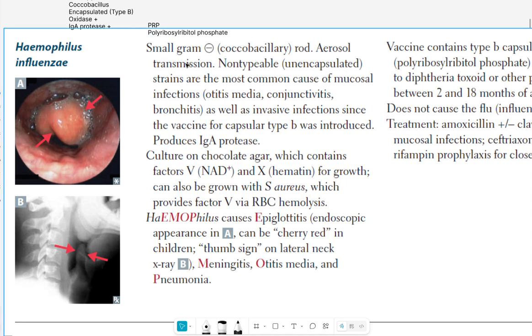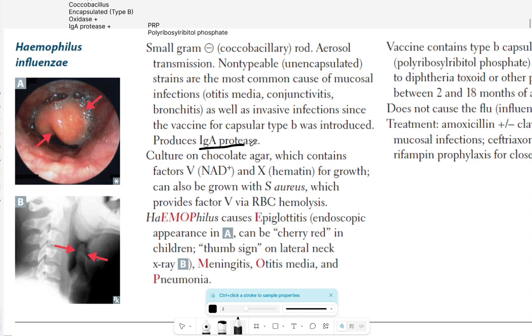And then we have the IgA protease, right? Now, this IgA protease is the same thing where I told you that the mucosa was protected by IgA. Once the IgA protease cuts this IgA, secretory IgA, which is normally protecting the mucosa, the bacteria attaches, right?